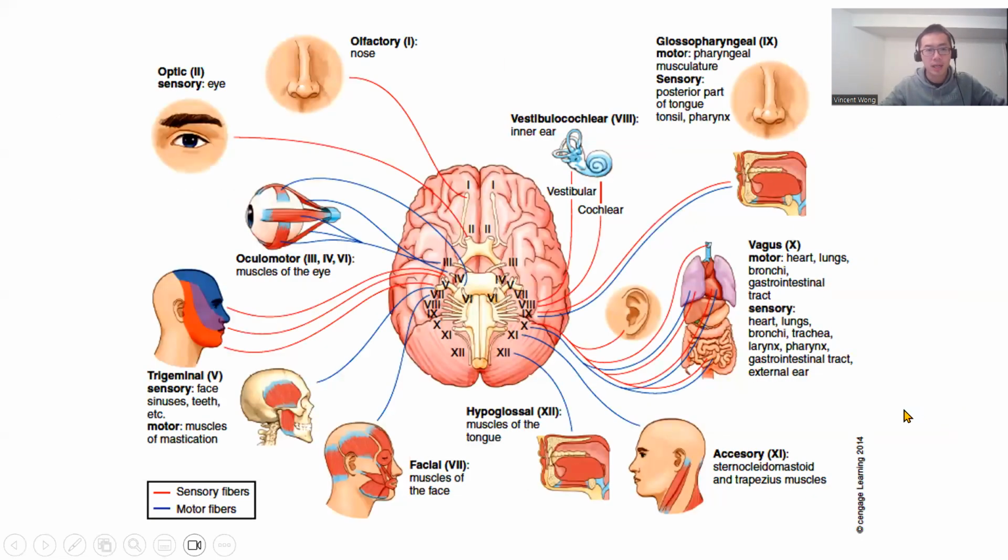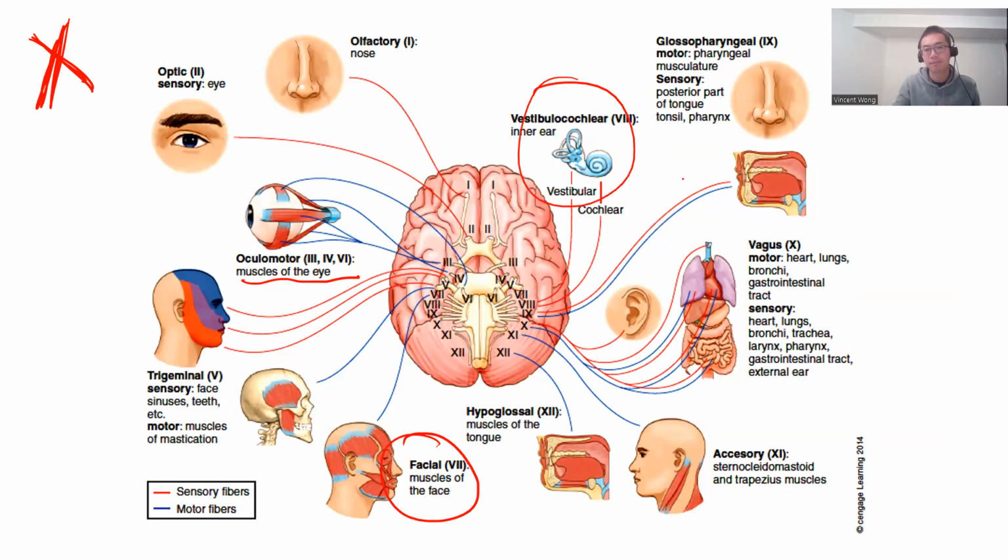Here are the cranial nerves. Do not need to memorize this, okay? You don't need to know this. All you need to know is that there are 12 pairs. But I was telling you, you have a bunch of them dedicated to eye movements. Okay, 3 pairs, not 4. 3 pairs dedicated to eye movement. You have some dedicated to the muscles of the face to allow facial expression, for hearing, and so forth.